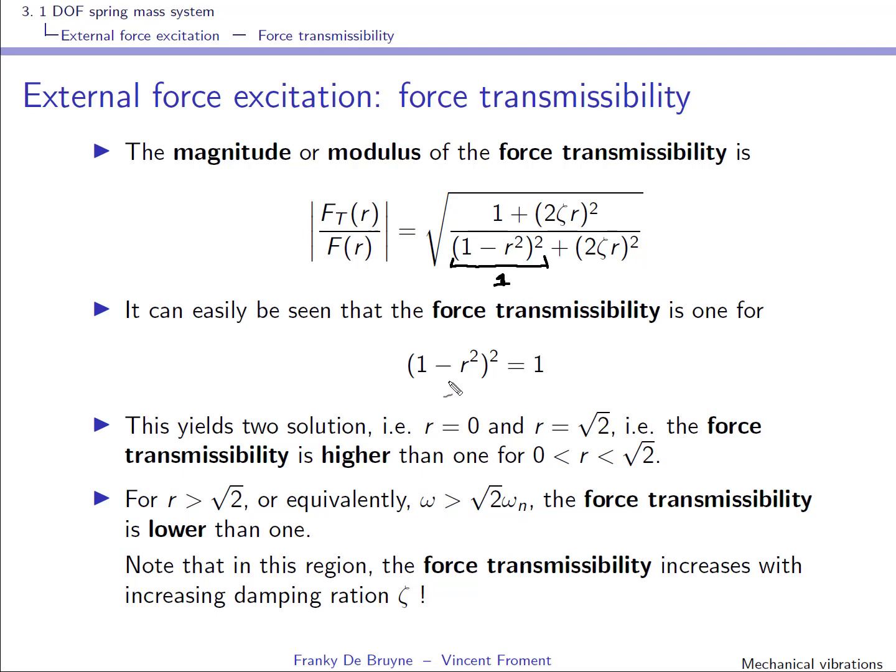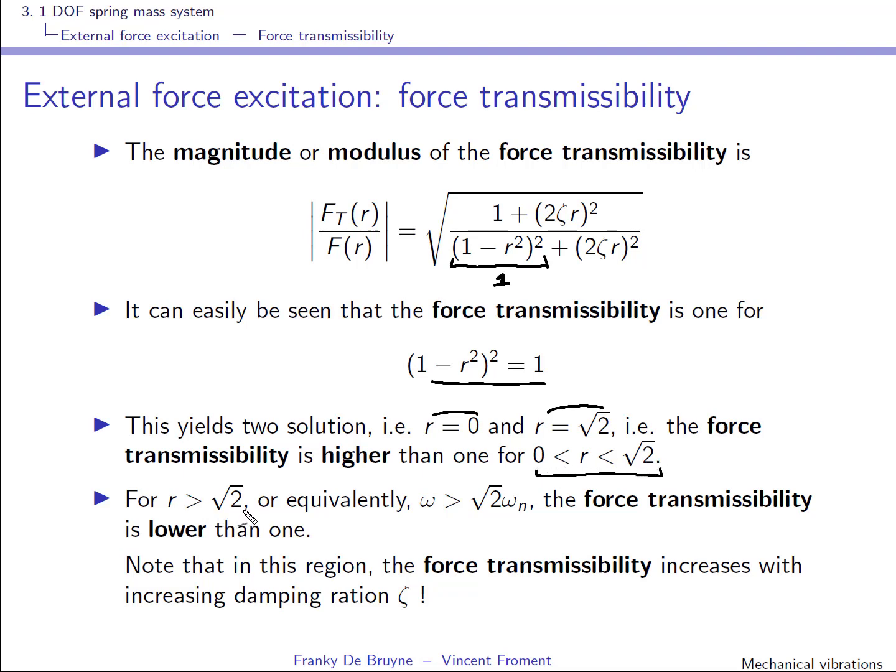So a condition for this to happen is that this quantity is 1, and if you do the computations, you will see that there are two solutions, r equal to 0 and r equal to square root of 2. Just plug it in and you'll see that. And you can see that this force transmissibility is higher than 1 in this region in between these two roots, 0 and square root of 2.